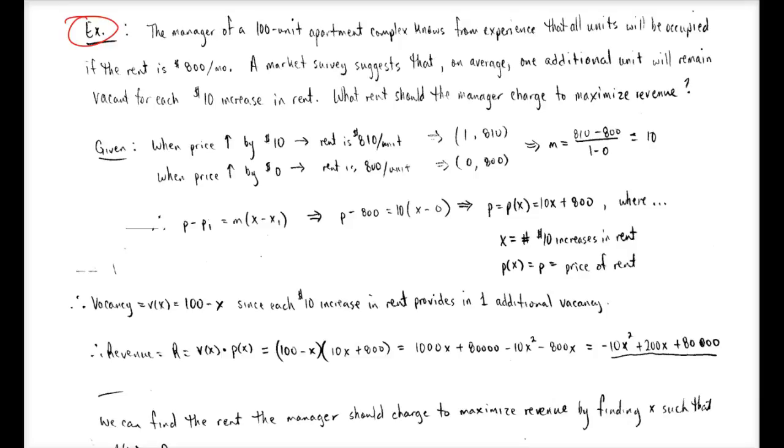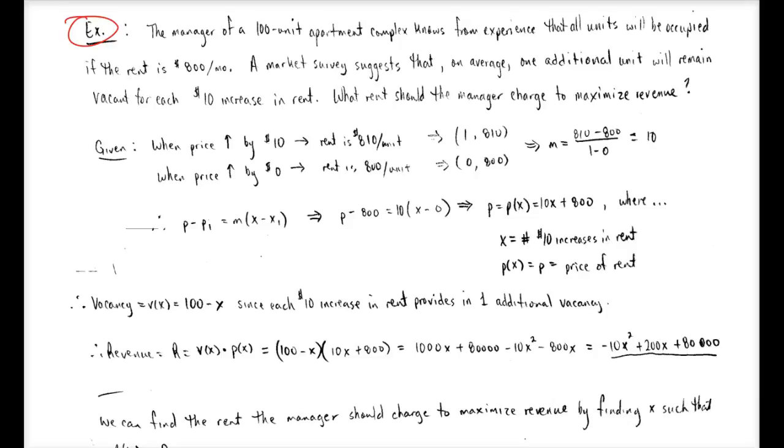Okay. The way that I go about this is more of an algebraic approach to start off with. I know if the price increases by $10, then the rent is going to be $810. And if the price increases by $0, then the rent is $800.